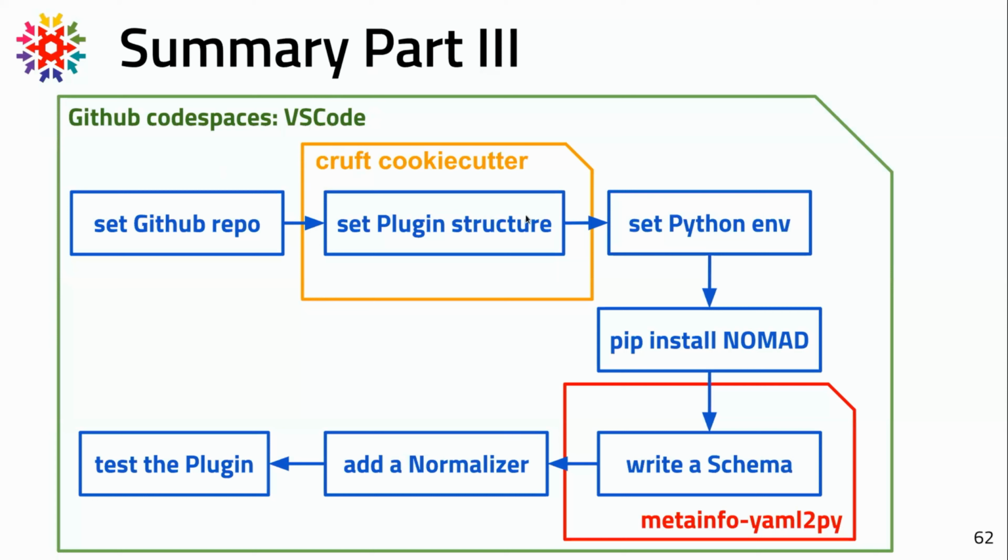We used several other tools around. For example, this Cruft is making nothing more than preparing for you a Python package structure. But in principle, you can also just prepare your own Python package if you're familiar with that. Also, another tool we saw is this meta-info YAML to Py.